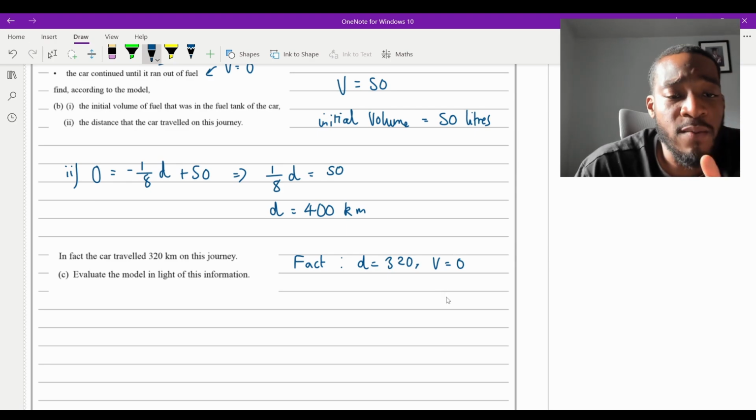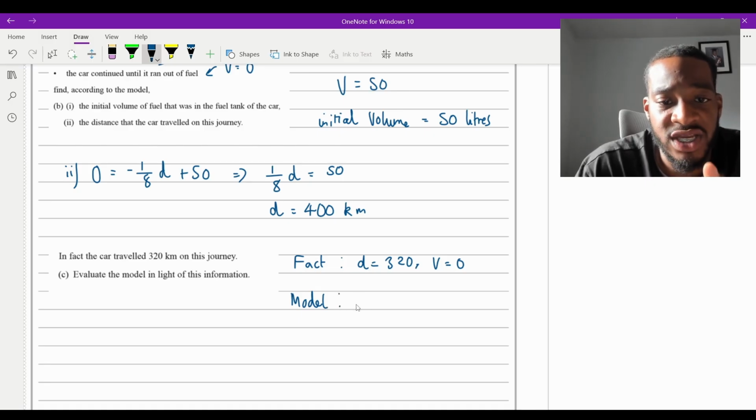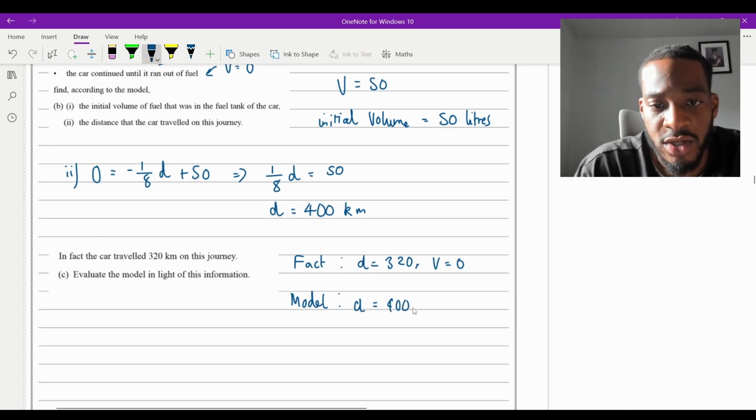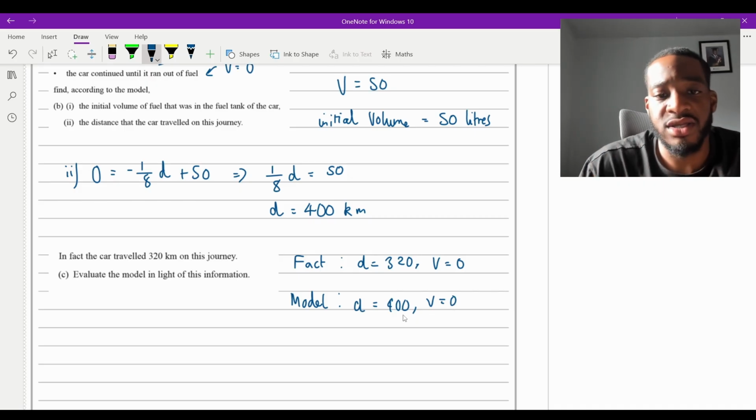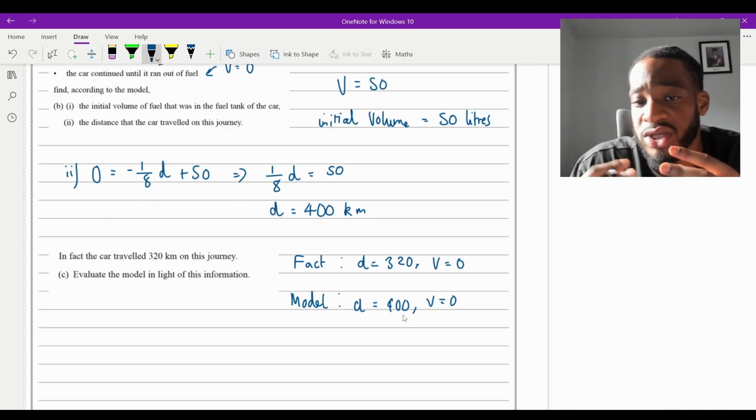Now, I'm going to say our model tells us that when the distance was 400 kilometers, that's when it ran out of fuel. So we just need to compare these two, right? 320 and 400, these are quite different. They're not very close together.